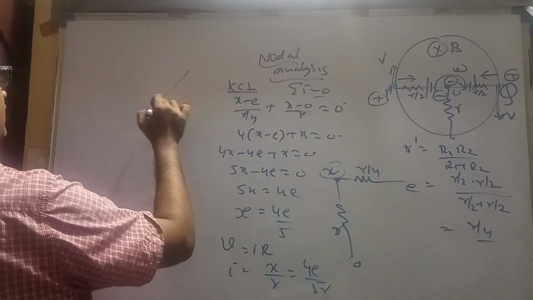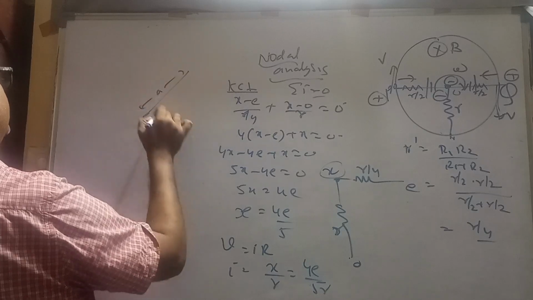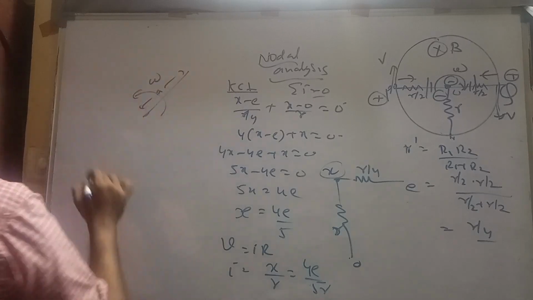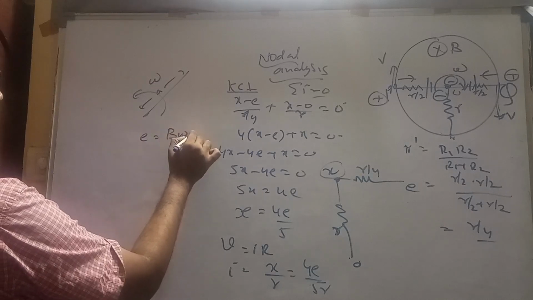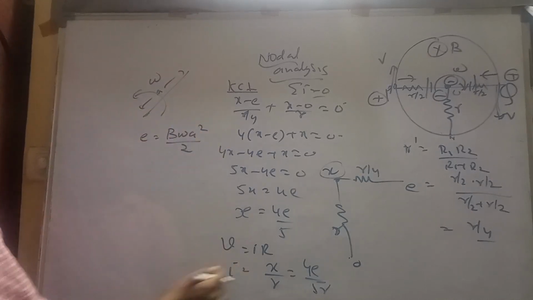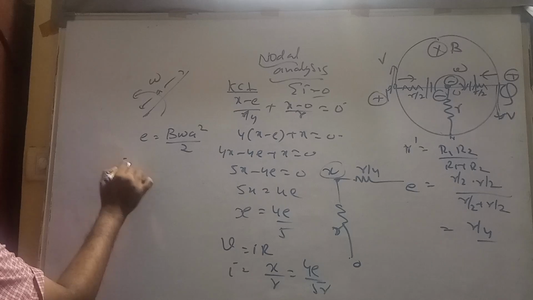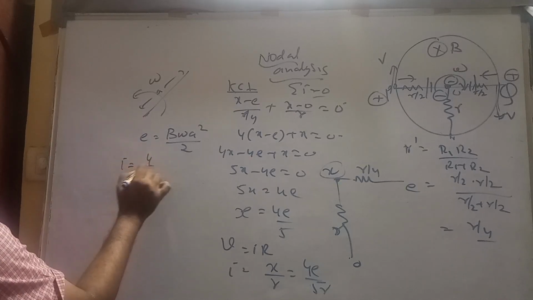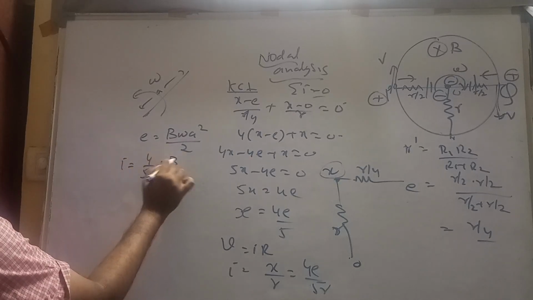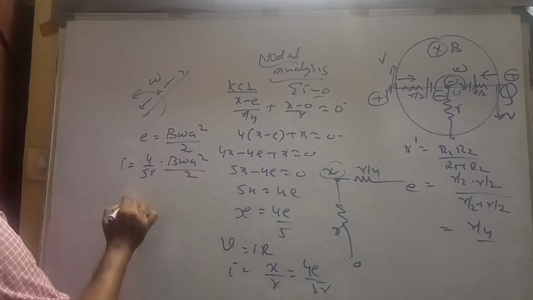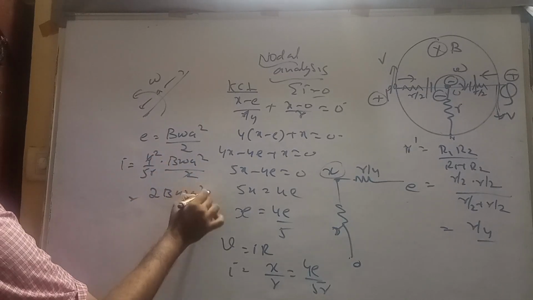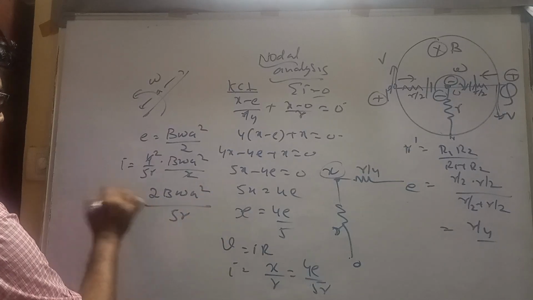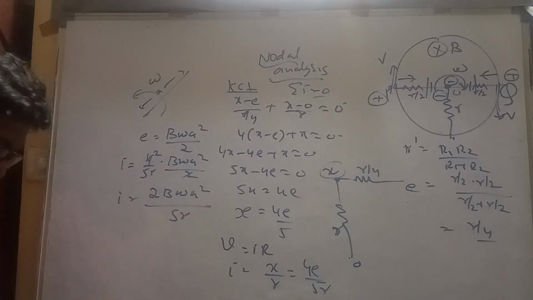A rod of length A is rotated with angular speed of omega. The EMF that is developed in the rod will be B omega A squared by 2. So by substituting the values, we get I is equal to 4/5R into B omega A squared by 2. So this will be 2 B omega A squared by 5R. That's your answer. So option 2 is correct.